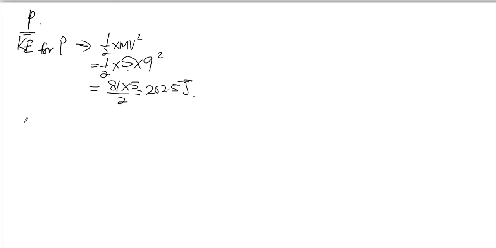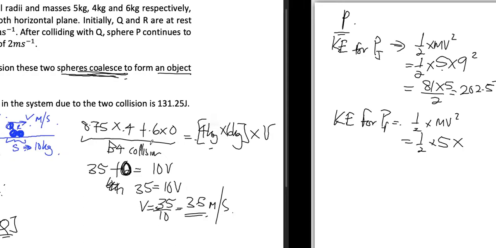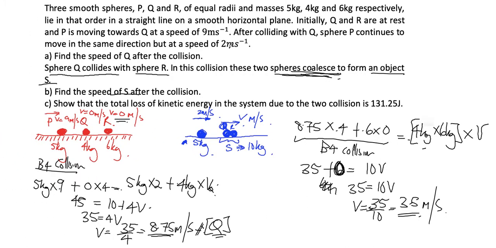After the collision, the KE for P final is half times mv squared. This time the mass didn't change, which is still 5, but the velocity has reduced from 9 to 2.